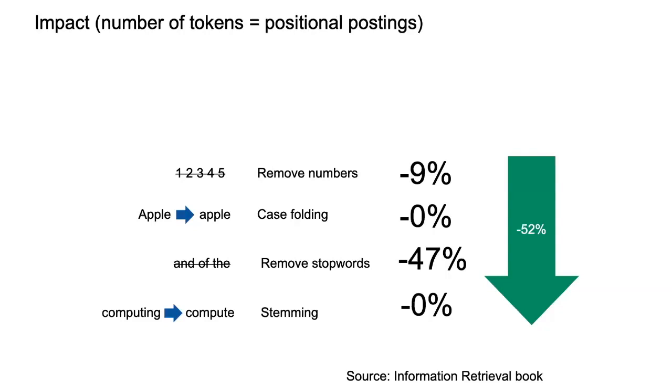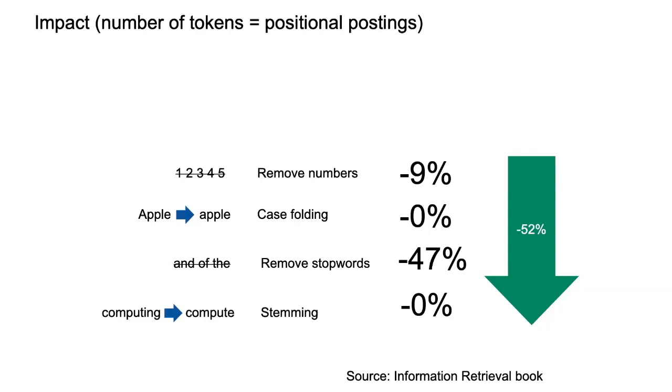Okay, then we have the impact on the number of tokens. So now this is the positional postings, right? So this is taking into account the number of occurrences. Now, if we remove the numbers, we get 9%. Case folding does nothing. The stop words now are very efficient, but this is precisely because the stop words are those that appear a lot of times, right? So half of the tokens disappear, and stemming doesn't do much in that case.